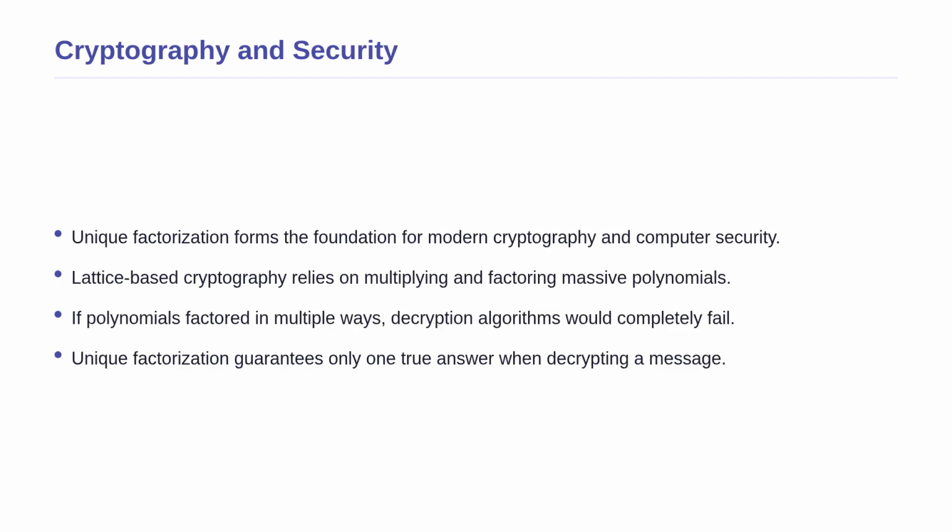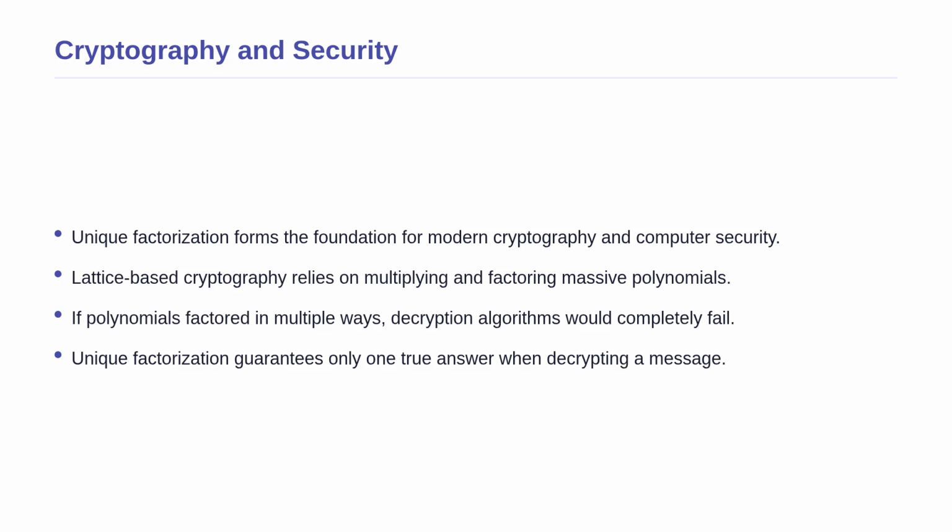Now that we have mastered the mechanics, you might ask why this abstract algebra concept matters in the real world. It actually forms the absolute foundation for modern cryptography and computer security. Many advanced encryption systems, such as lattice-based cryptography used to protect data against quantum computers, rely heavily on multiplying and factoring massive polynomials.